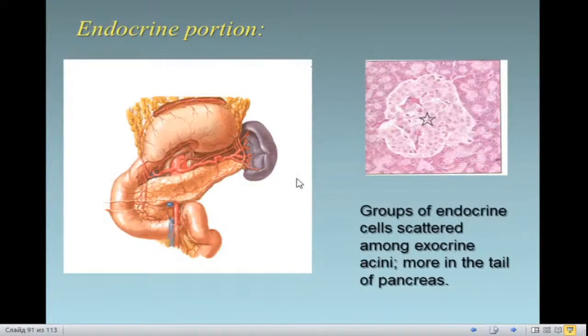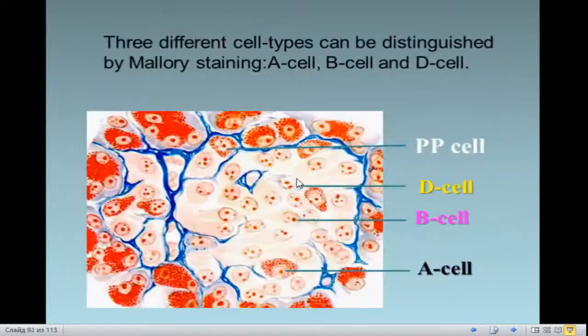The endocrine portion is represented by Langerhans islets and has PP cells, D cells, B cells, and A cells. Sometimes they are called by Greek letters, so alpha, beta, delta, and PP. Also, some scientists mention theta cells.